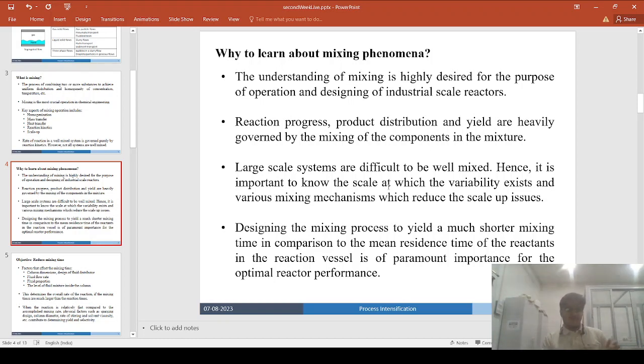They will take some time to first get mixed, then some time to react. So your job must be to reduce the mixing time as much as possible, so that the species inside the reactor experience as much of the residence time as possible for the given reactor. That is the goal here. The reaction should not be mixing limited.